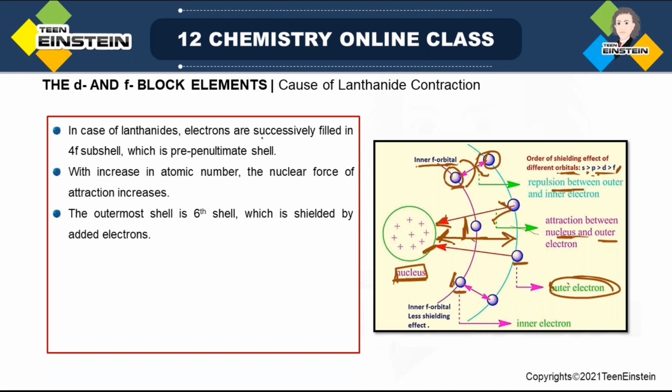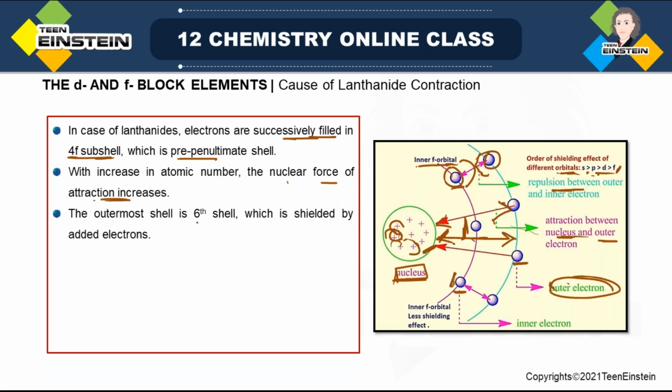So in the case of lanthanides, electrons are successively filled in the 4f subshell, which is the pre-penultimate shell. With increase in atomic number, the nuclear force of attraction increases. Why? Because when atomic number is increasing, that means electron number is increasing as well as proton number. Proton number increasing means these positive charge values will also increase.